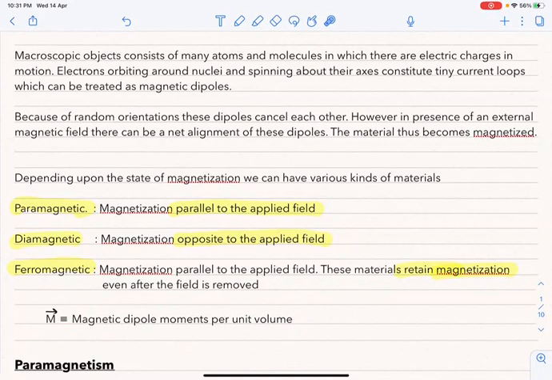Before I discuss paramagnetic, diamagnetic, and ferromagnetic effects, I should tell you that an in-depth understanding of these effects requires some quantum mechanical ideas, which is not the scope of this lecture. So we will discuss a very simplistic classical view of these materials.